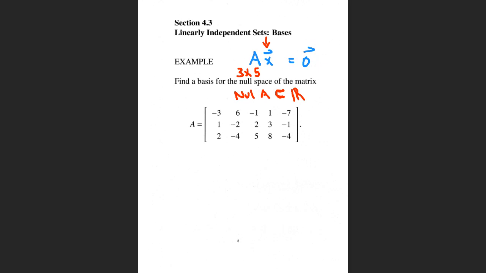The null space is a subspace of what space? Well, think about what's going on between A and X. What operation is going on between A and X? You are taking A and you are multiplying it by X.